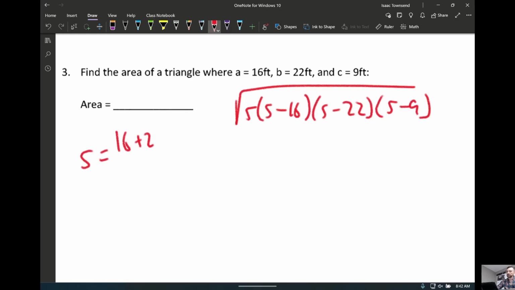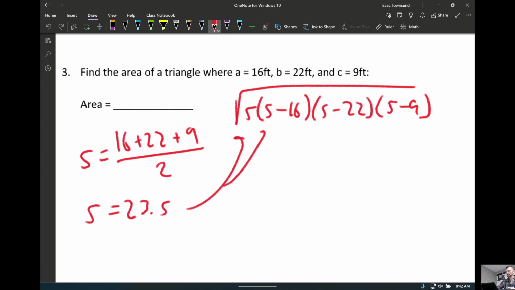Then I have to compute s, which is half of the perimeter. Calculator doesn't necessarily have to be in degree mode or anything like that, but s is 23.5. If you plug that into the 4 spots where there's an s, I can just type that in my calculator just the way it looks.